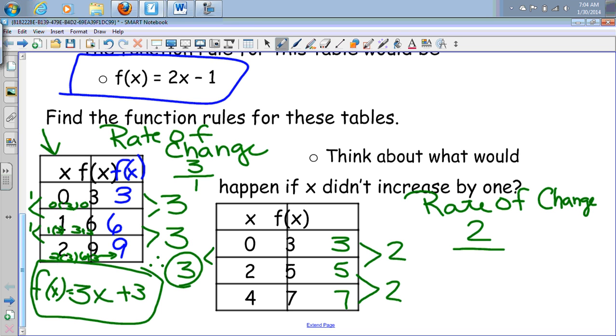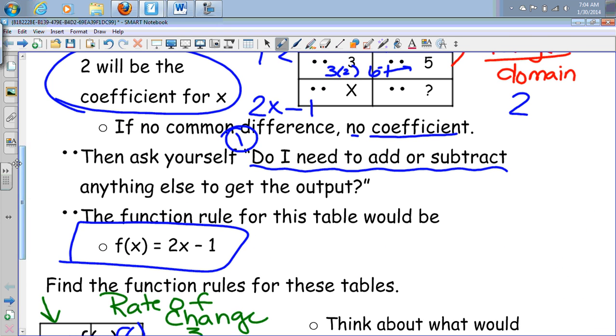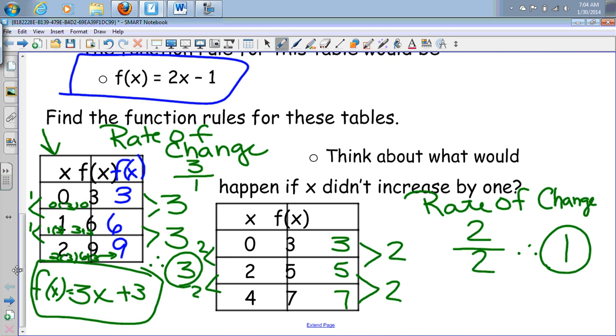My rate of change in x, 0 to 2 is 2, 2 to 4 is 2. So therefore, my rate of change is 1. Remember I said if it's 1, then we don't have a coefficient. So my rule is going to be f of x equals x.